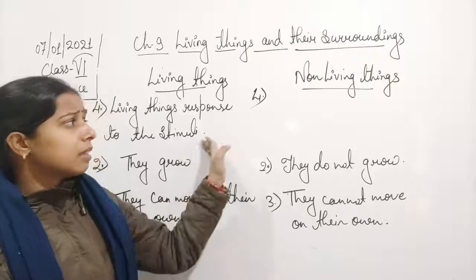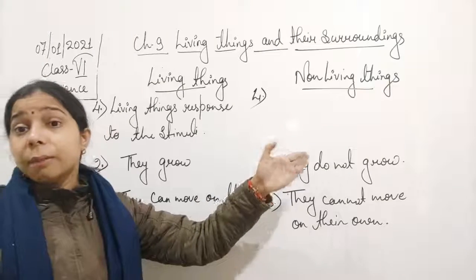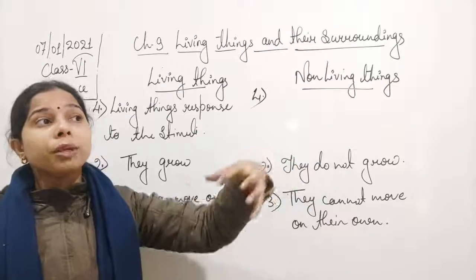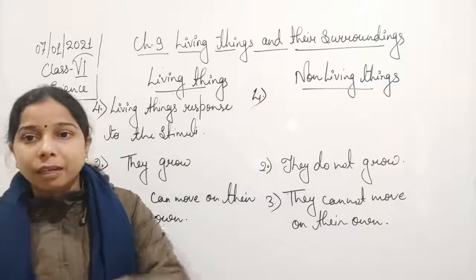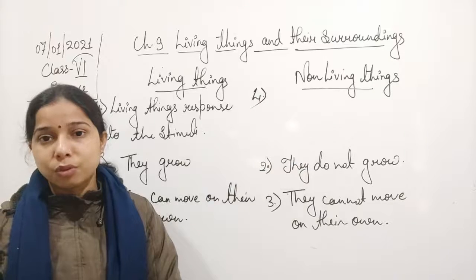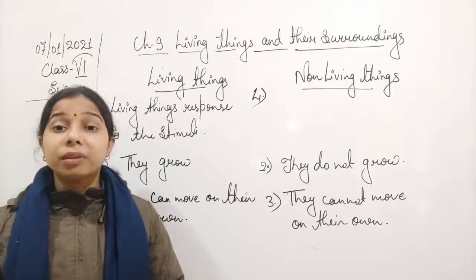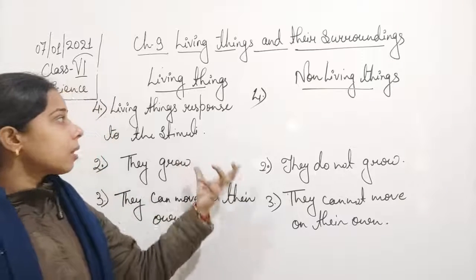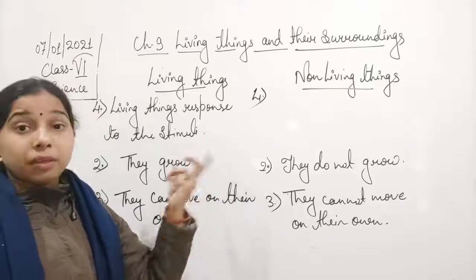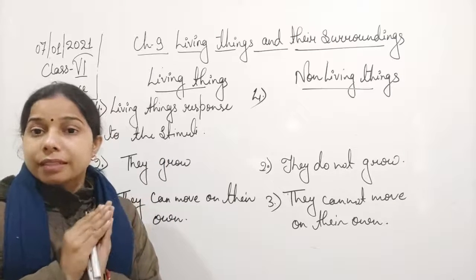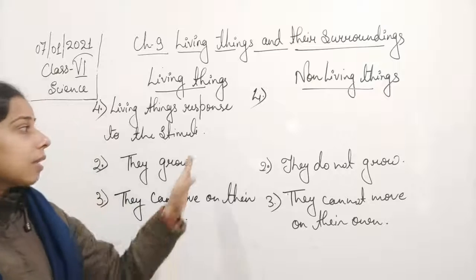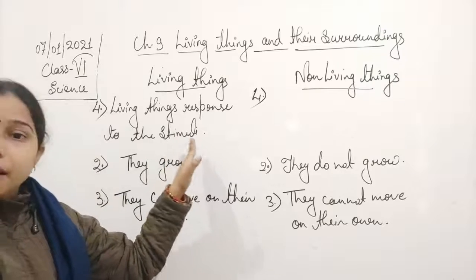It is not only animals, even plants show movement towards the sunlight, or even movement away from the sunlight by going deep inside the soil or by absorbing the water. So all these things are a response to the stimuli. Even if you touch a mimosa plant, it closes, folding its leaves. So this is a kind of response shown by the plants.